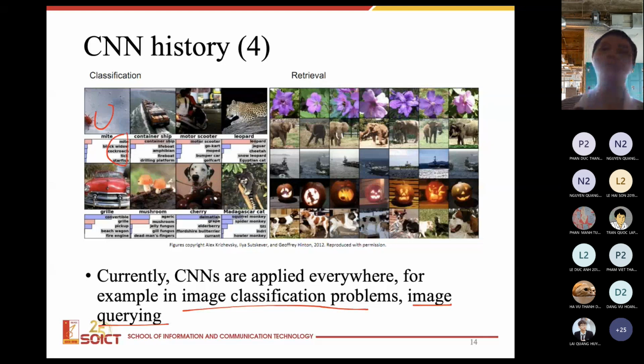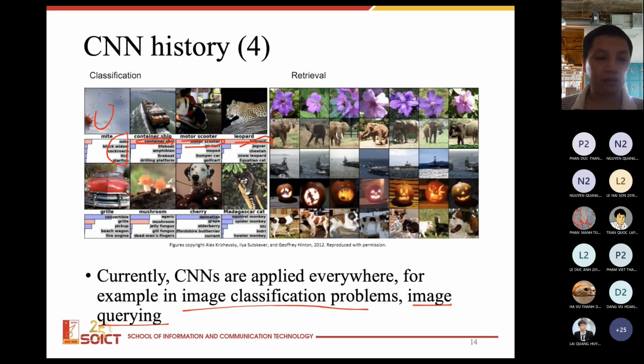Actually, you get the probability of the class for an image. And here it has the highest probability for the container ship, right? Okay, it's correct. Highest probability for the motor scooter, okay? Highest probability for the leopard, right?